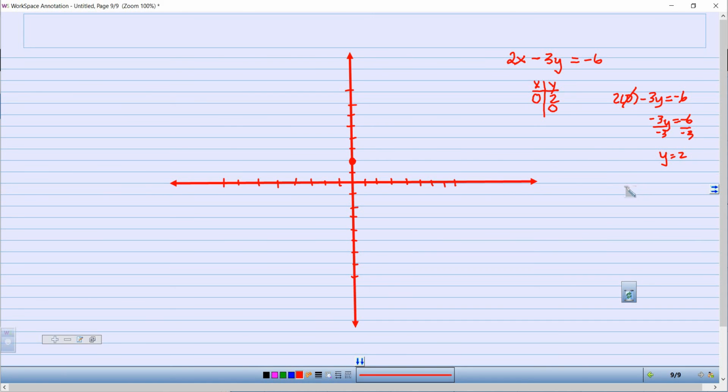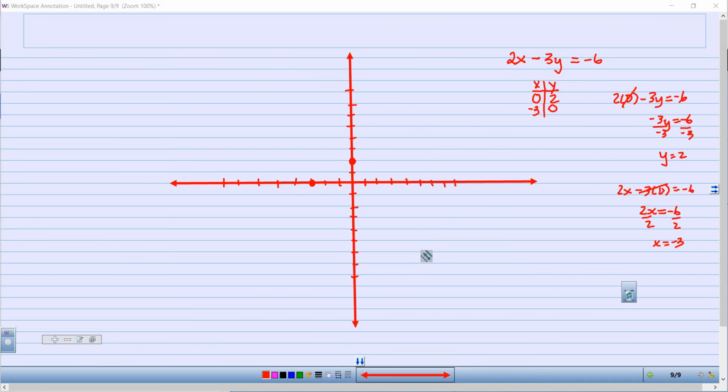Now let's find my x-intercept by putting in 0 for y. 2x minus 3 times 0 equals negative 6. Those cancel. I get 2x equals negative 6. I divide by 2. I get x is equal to negative 3. There is my x-intercept.